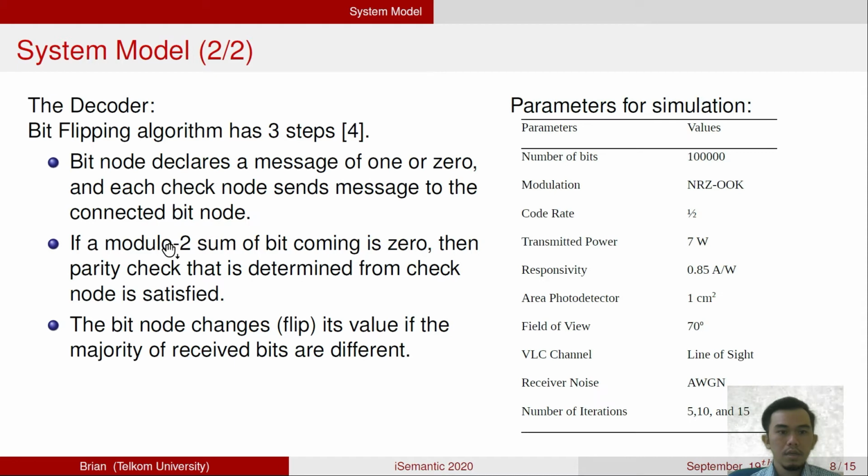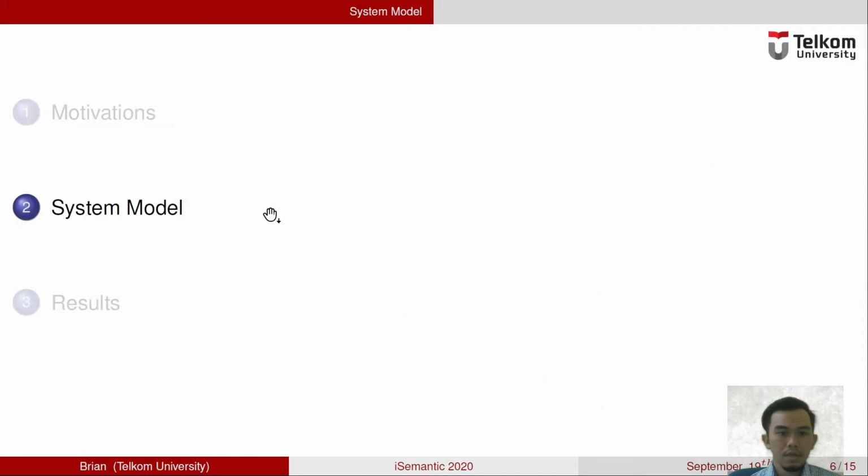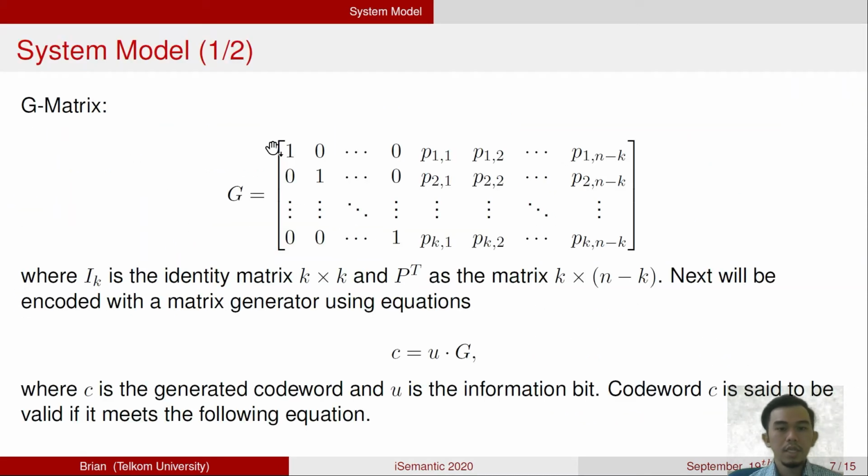Okay, this is the G matrix. So this is the identity matrix. So we use encoding and decoding in the QC-LDPC code's encoding process. The generator matrix G is obtained from the parity check matrix H, and then the Gauss-Jordan elimination method is used to obtain the generator matrix G from H in the encoding step.